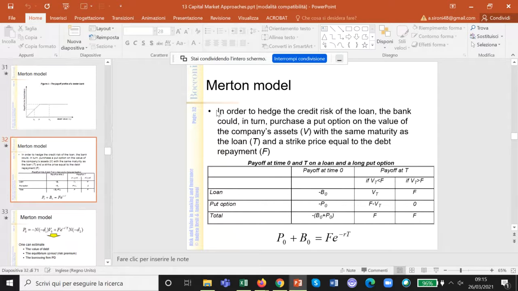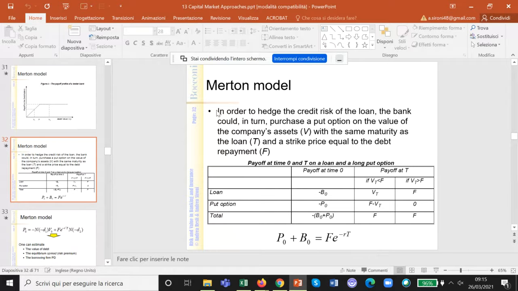Now, if the lenders, the bond investors, have sold the put option to the shareholders, then we could say that they could hedge their risk by buying a put option on the underlying company's assets.